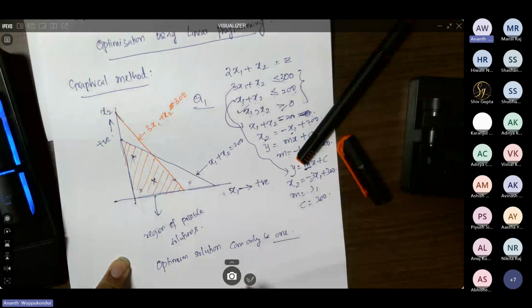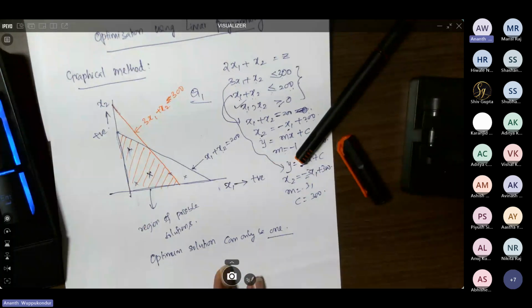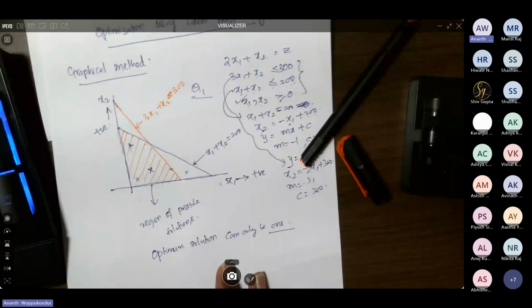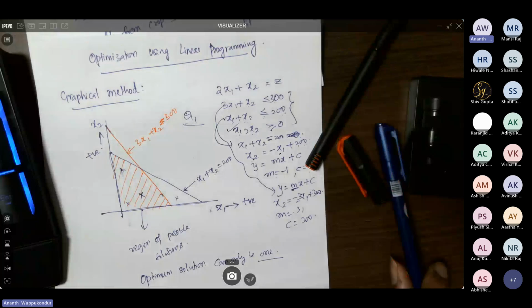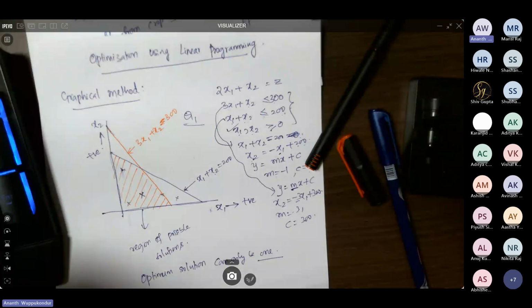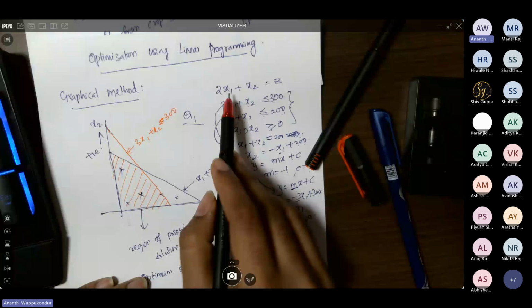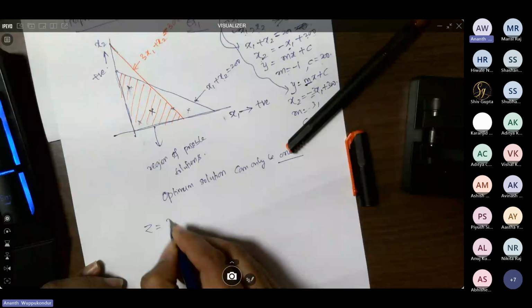In this case, what we need to find out is the optimum location where the function z is maximum. So again we construct a new line that corresponds to 2x1 plus x2 equals z. This is our line z, that is 2x1 plus x2.